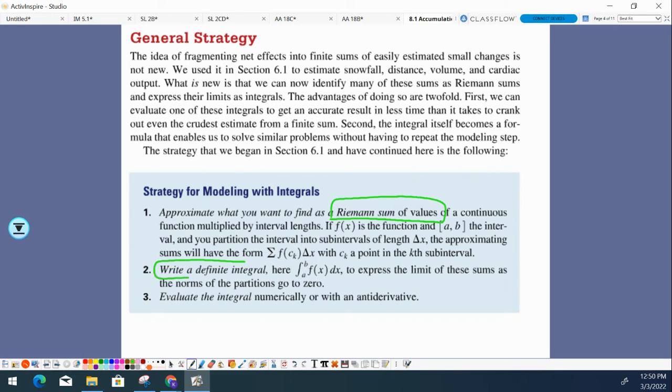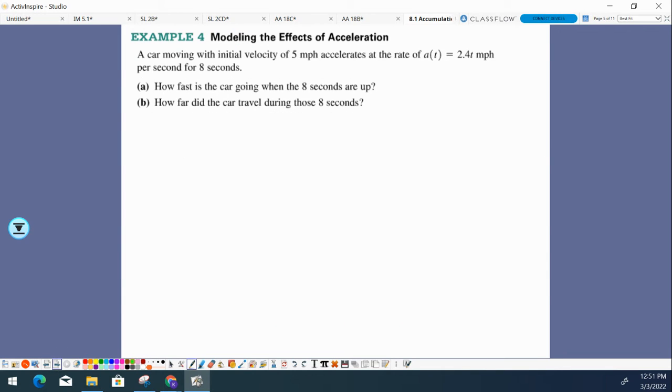You could write a definite integral and you can evaluate. I would not use a Riemann sum unless you're asked to do a Riemann sum, but you're always going to get points for writing a correct integral, and then obviously you want to make sure you can find the right answer evaluating it.